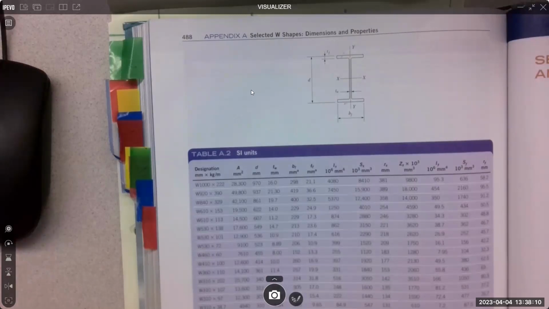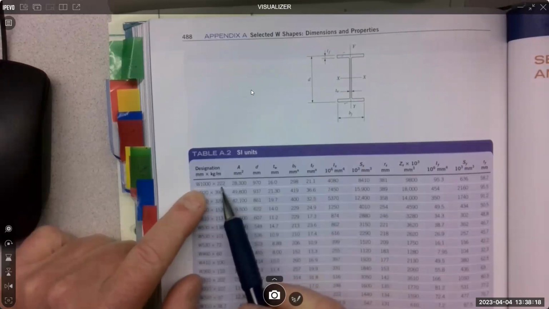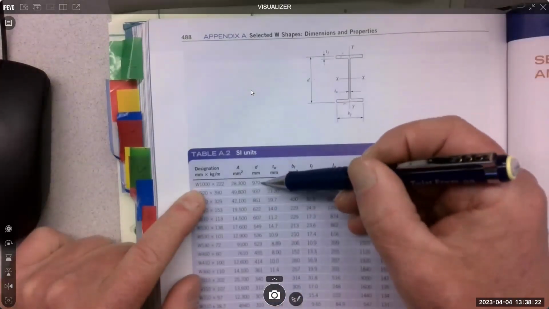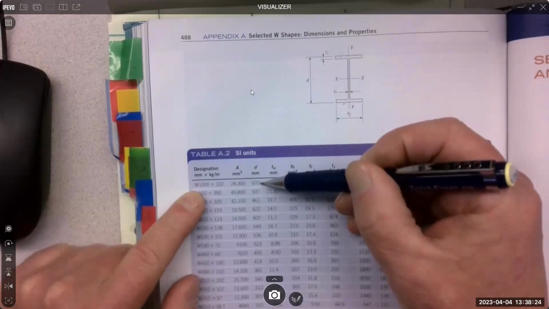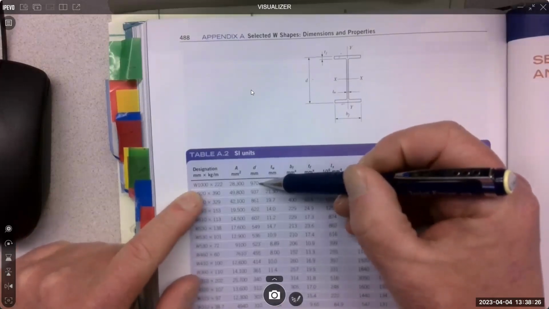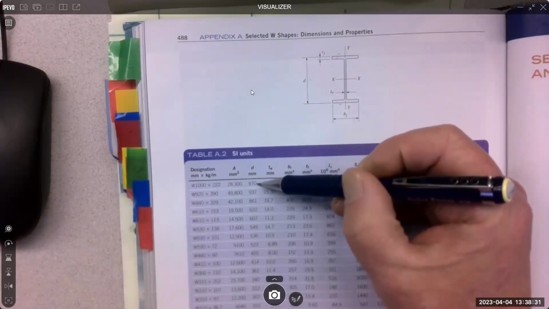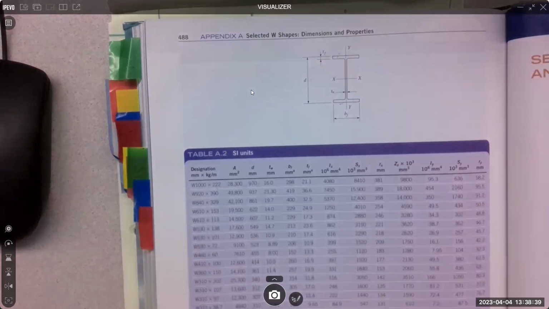So just think of like, same as 2x4, it's not really 2x4, right? W1000 by 222, what is the D dimension? It's really 970, not quite 1,000. But when you call on the phone, you can say, hey, I need a W1000, right? And they know it's a W1000, and we all know it's really only 970 millimeters tall. All right. So the call out is just a call out.